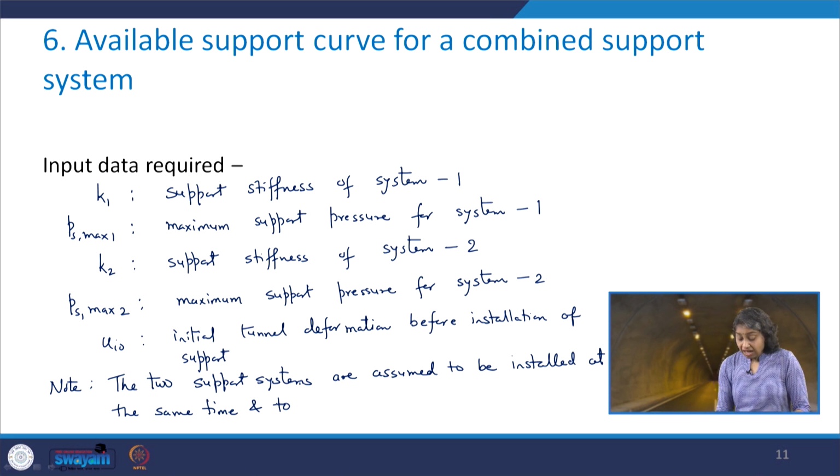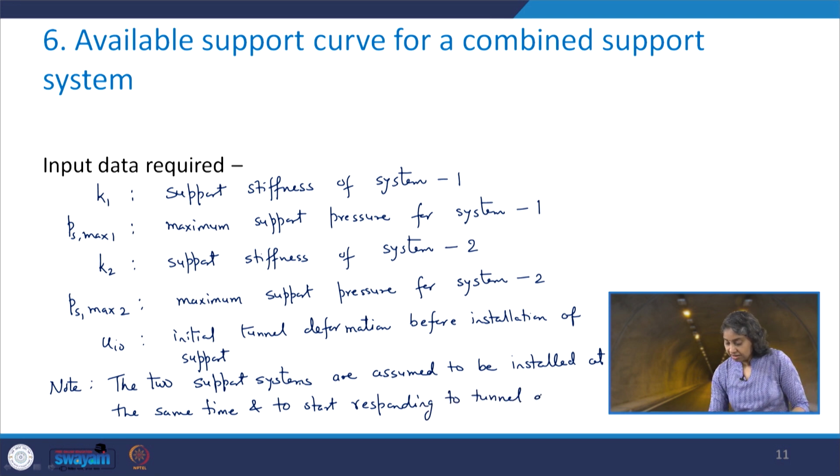That is also an assumption which is involved, and they start responding to tunnel deformation simultaneously.